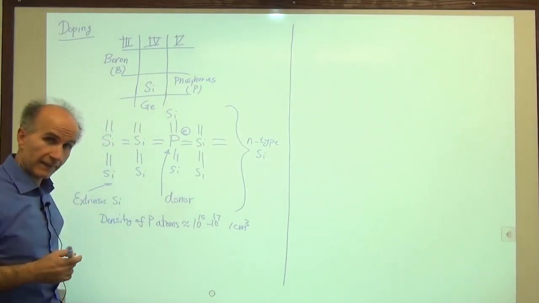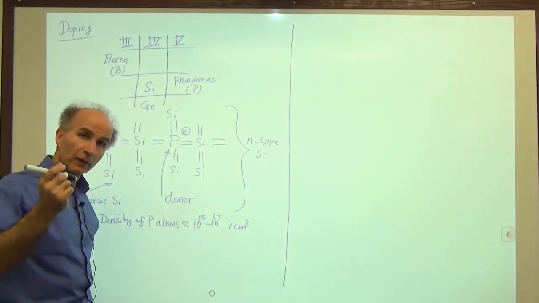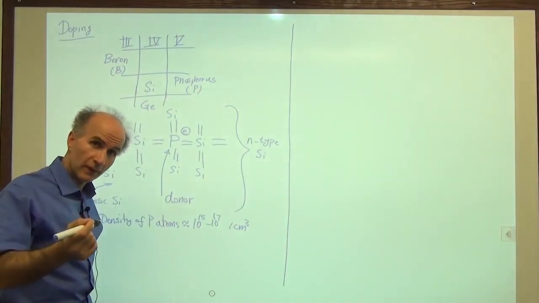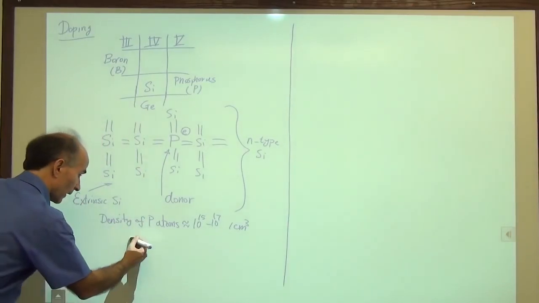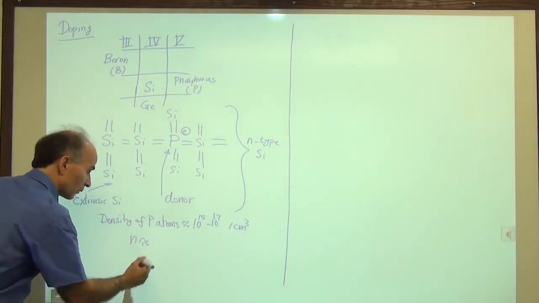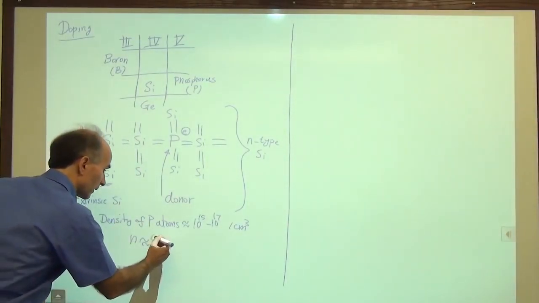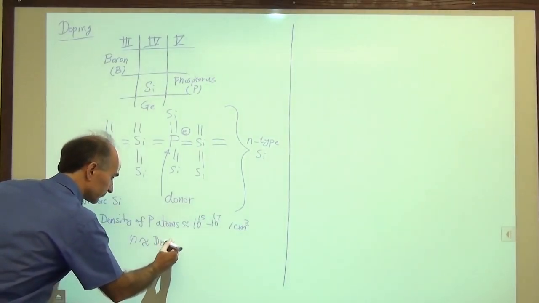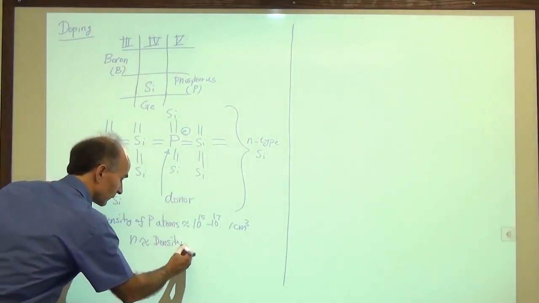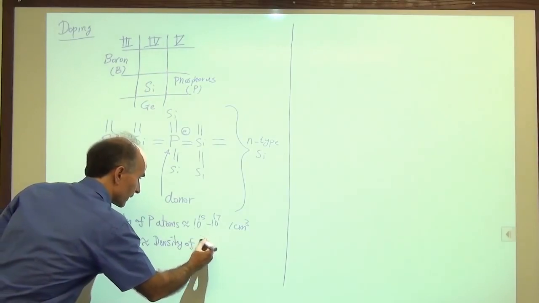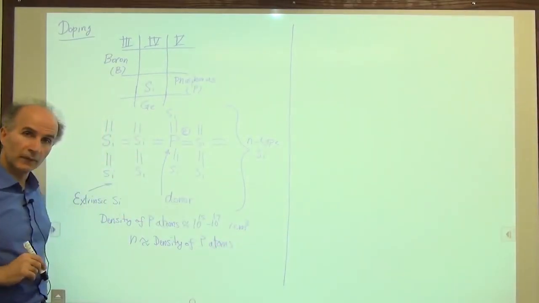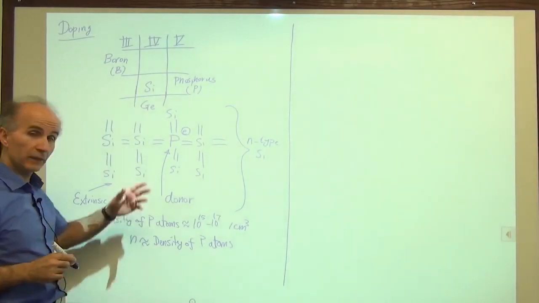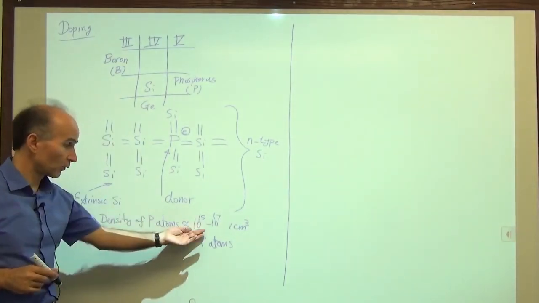In other words, I can say that the density of free electrons in this doped piece of silicon, N, is approximately equal to the density of phosphorus atoms. Okay? Because we had some already from the silicon, and now we have a lot more from phosphorus.